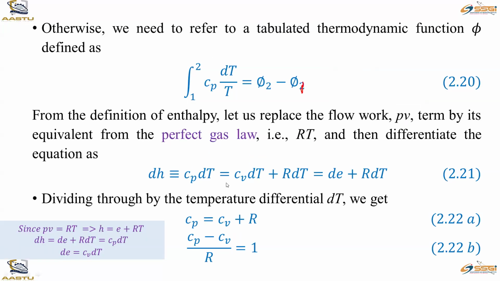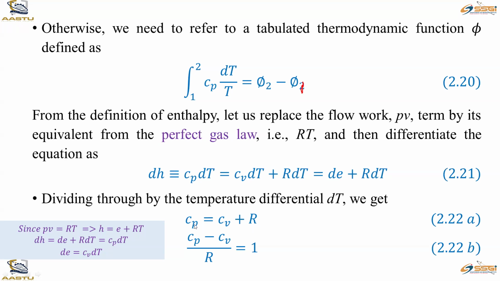Another important formula will come from here, and from that what we can get is Cp is equal to Cv plus R. Cp and Cv are specific heat at constant pressure and specific heat at constant volume.